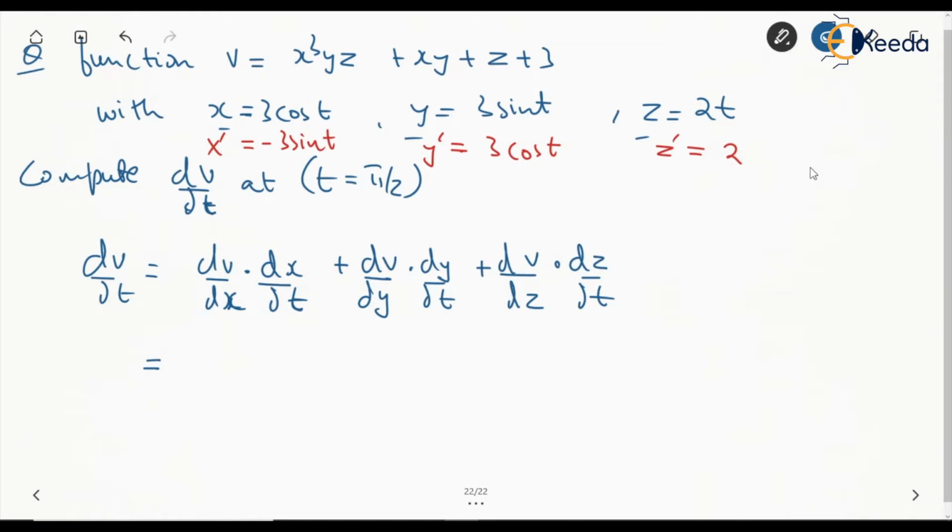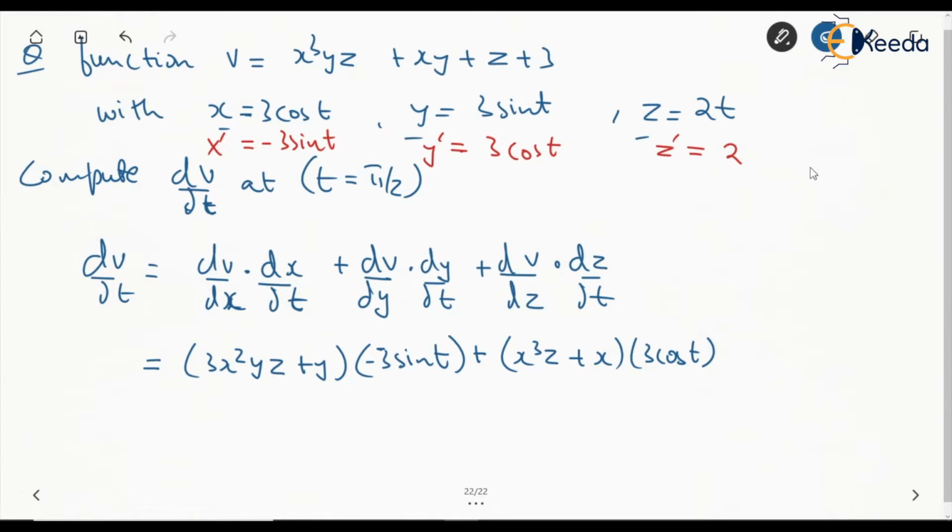Now we can differentiate v with respect to x, and this will be 3x square yz plus y, and we also know dx by dt is minus 3 sin t, plus dv by dy, which is x cube z plus x, into 3 cos t, and next dv by dz, which is x cube y plus 1, into dz by dt, which is simply 2.